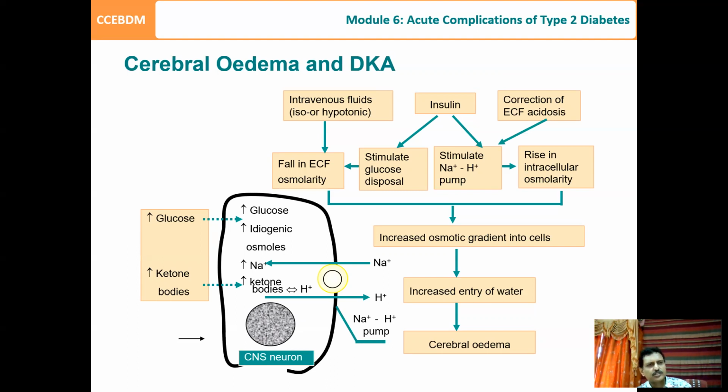You can load it with, say, 100 ml bicarbonate. Our idea is to correct the pH up to 7.1, so you should measure. Don't give bicarbonate if the pH is 7.1 or more. No, never. Just correct the pH from less than 7 up to 7.1.